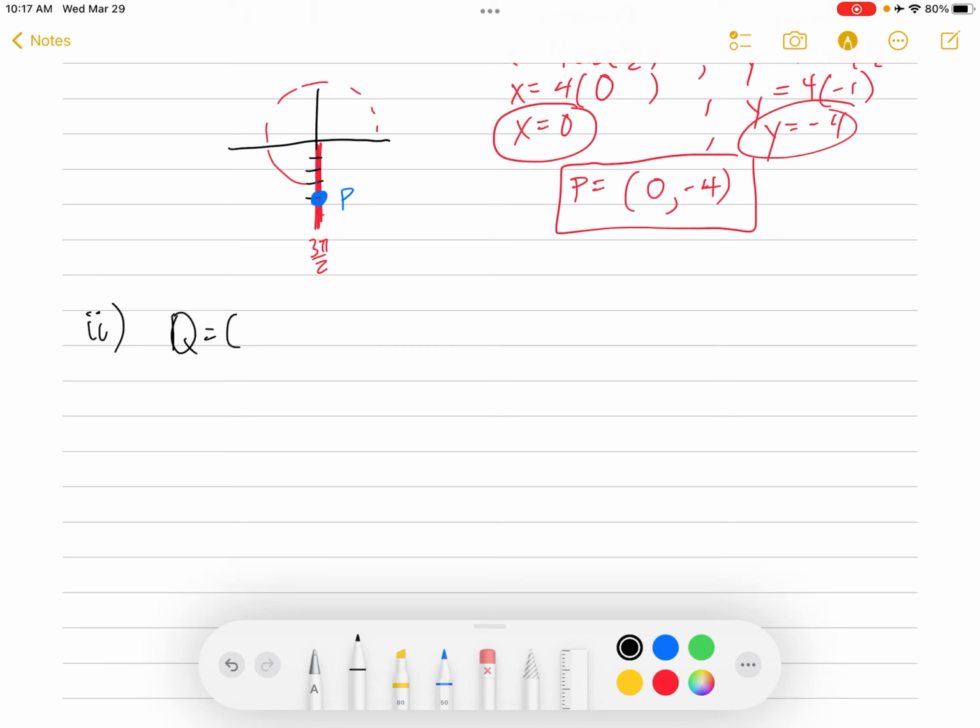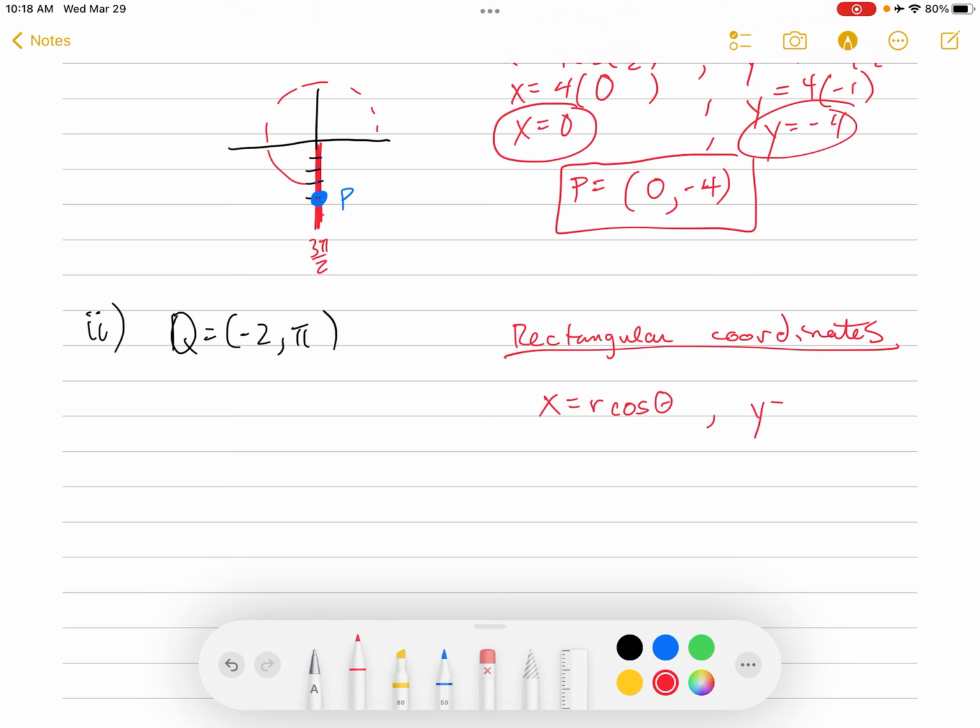All right, next we've got the point Q, negative 2, pi. I want rectangular coordinates. I'm going to say x equals r cos theta, y equals r sine theta. Of course, r is -2 and theta is pi. So I'm going to have x equals -2 times the cosine of pi.